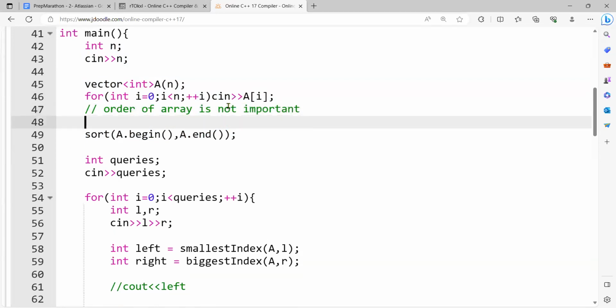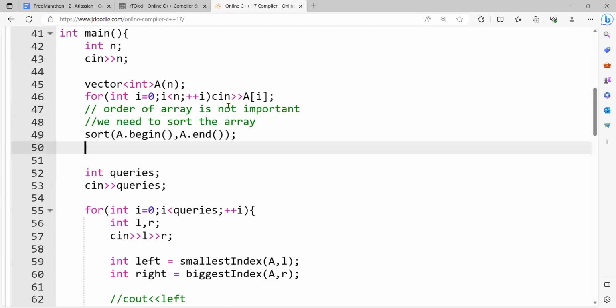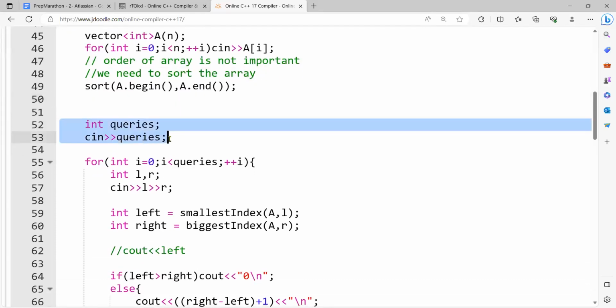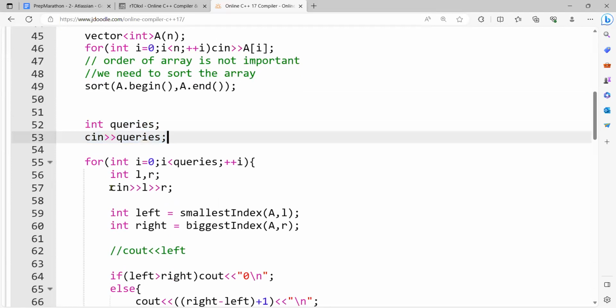And whenever this happens, we need to sort the array, because we can perform very efficient operations on a sorted array. Now coming to queries, the queries give us two values of a range, L and R, the left hand and right hand of the range, and we have to count the number of values which are present in this particular range.